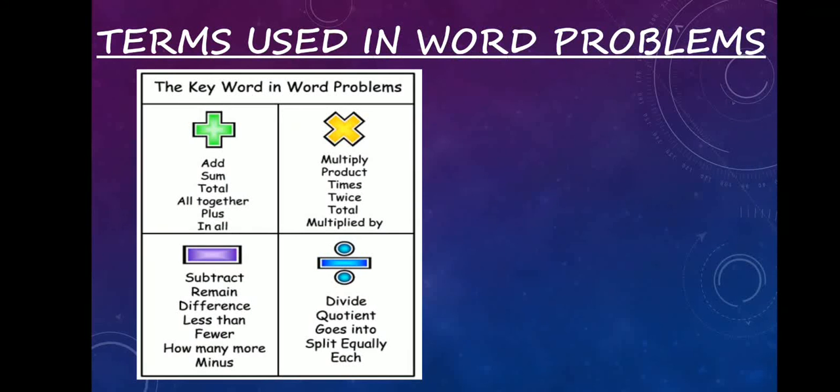For multiplication, it can be product, times, twice, thrice, multiplied by, and total again. For subtract, the words commonly used are remain, difference, less than, fewer, how many more, minus. For divide, we usually have the words split equally, each, goes into, and quotient.